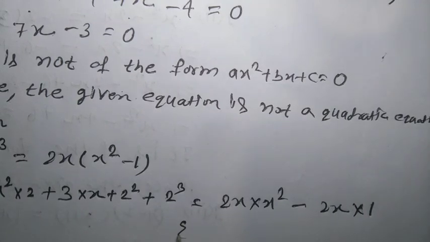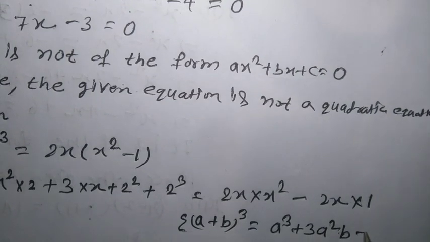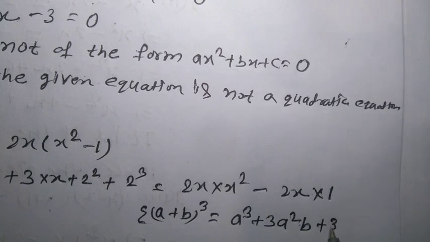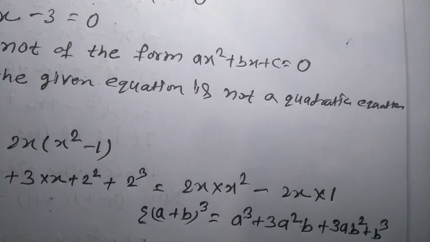The formula a plus b the whole cube is equal to a cube plus 3a square b plus 3ab square plus b cube.